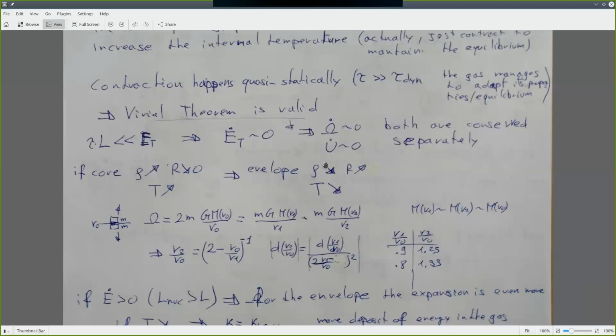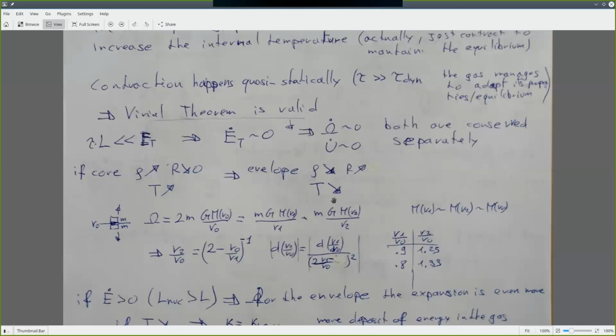So if the star contracts and starts to heat up, that means that if something contracts, something needs to expand, and if something heats up, something needs to cool down. So if the core increases density, decreases its radius, and increases temperature, the envelope will decrease its density, increase its radius, and decrease its temperature.